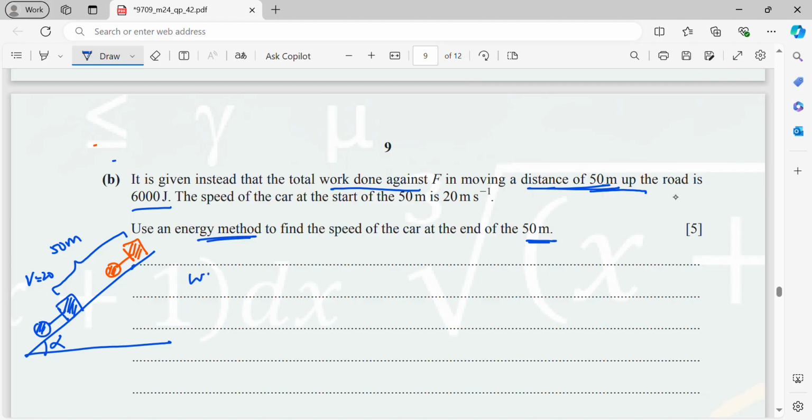So now, the work-energy principle, refer to this principle. The total work done, or probably you can just write net work done, up to you, will be the increase in mechanical energy.